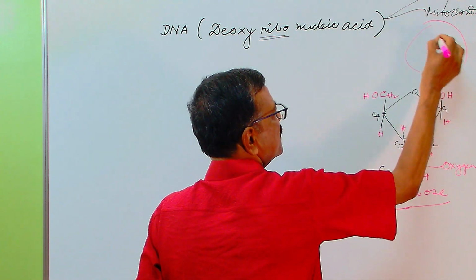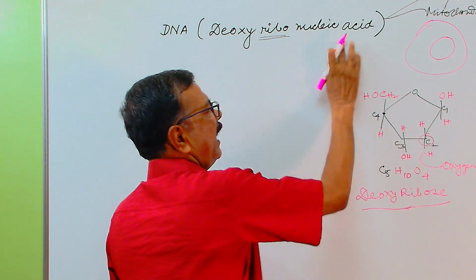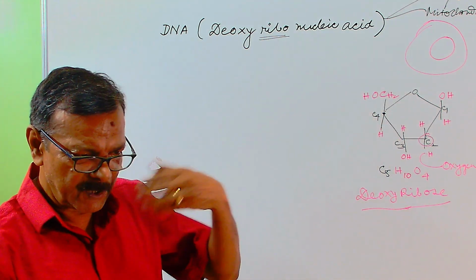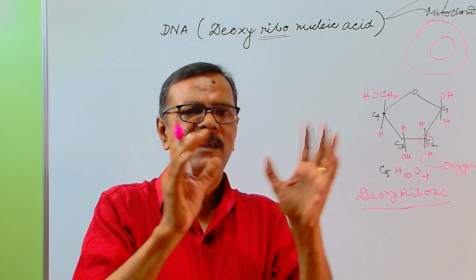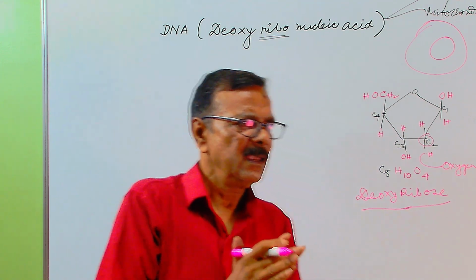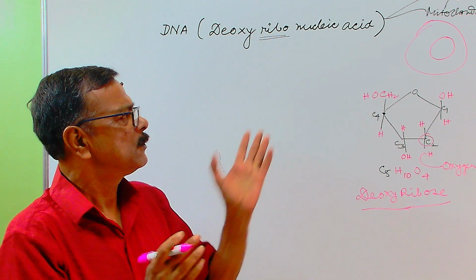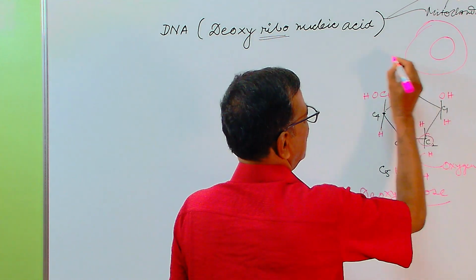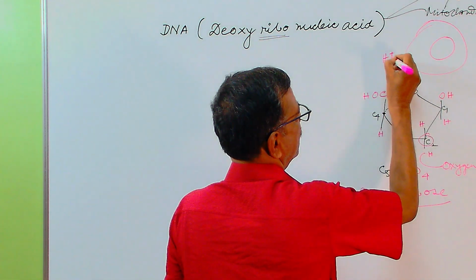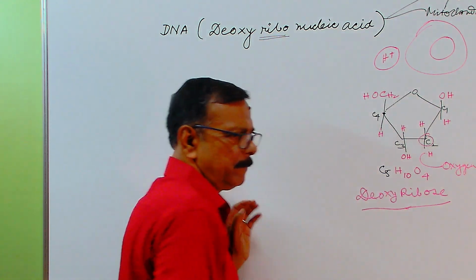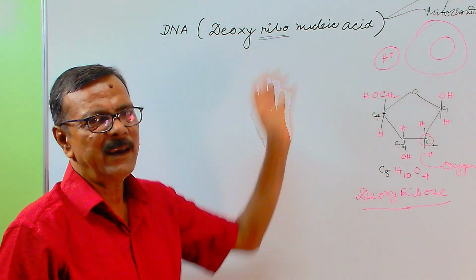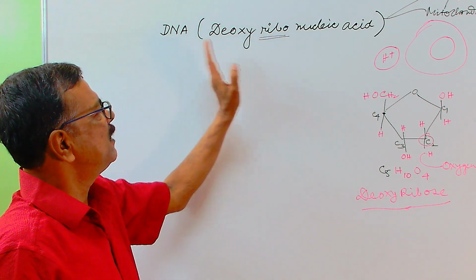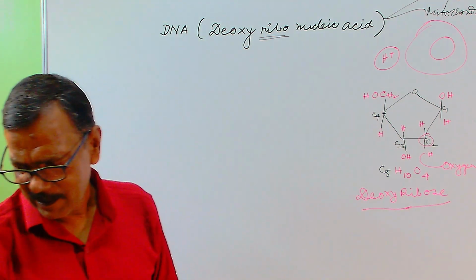In the nucleus of a cell, it is nucleic. And acid, some phosphate group remains attached. Phosphate group is acidic in nature because it has the ability to donate H plus ion. That's why it qualifies to be an acid. So it is a deoxyribonucleic acid.